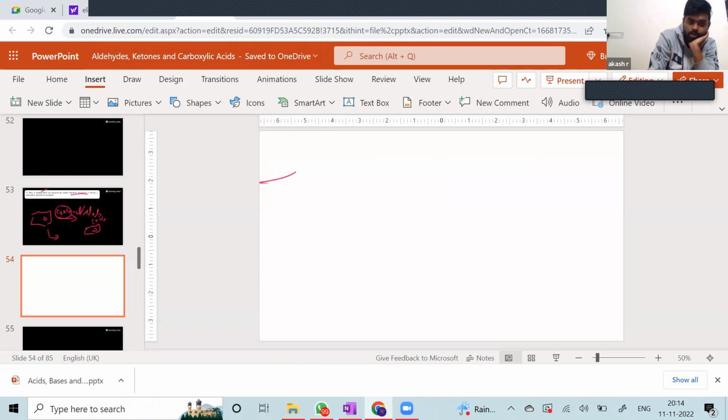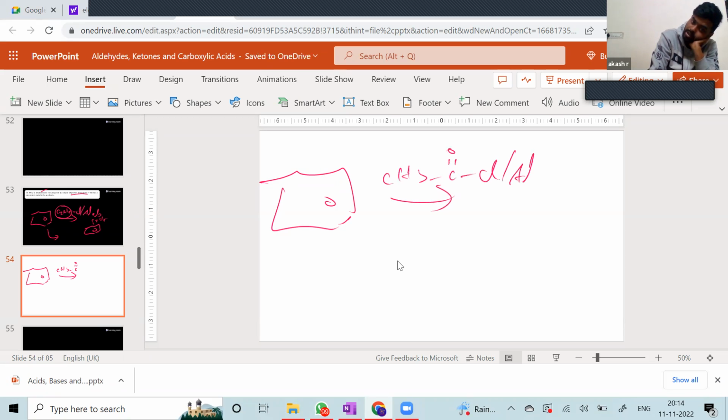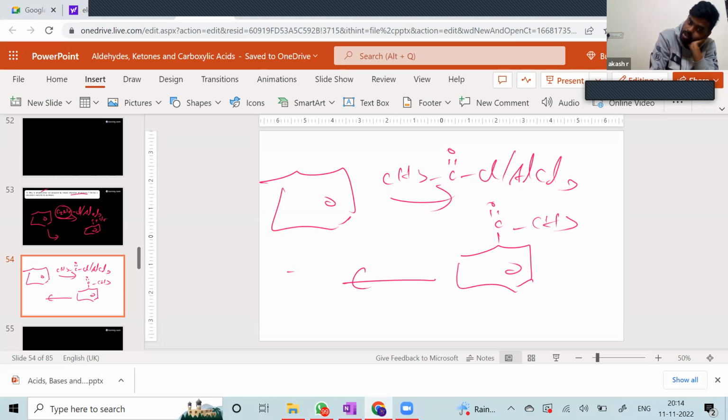So benzene is going to be there, right? Now, first we'll go for CH3COCl in the presence of AlCl3. Now, this is your Friedel-Crafts acylation reaction. So we will get C double bond O and CH3. And I want to convert this into CH2CH3. What should I add here?